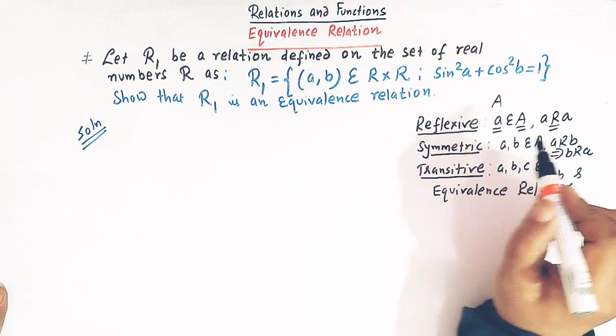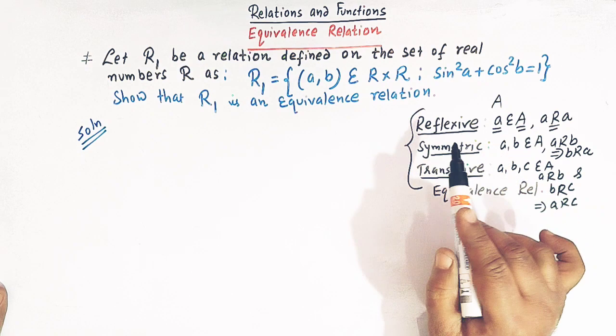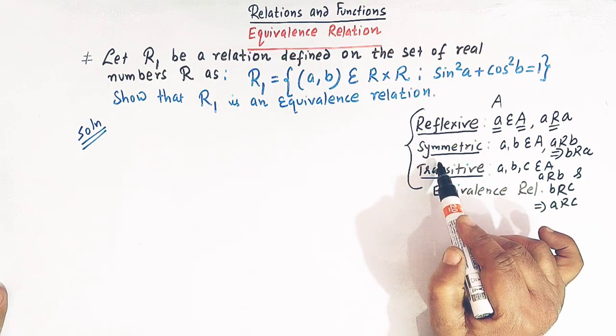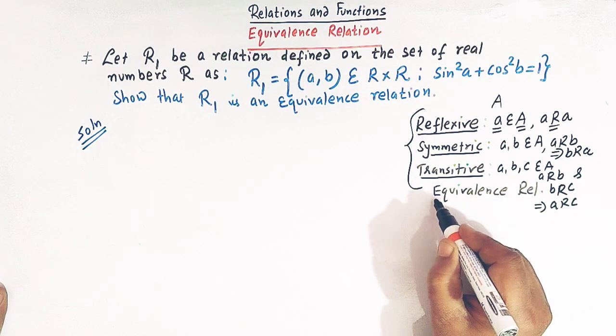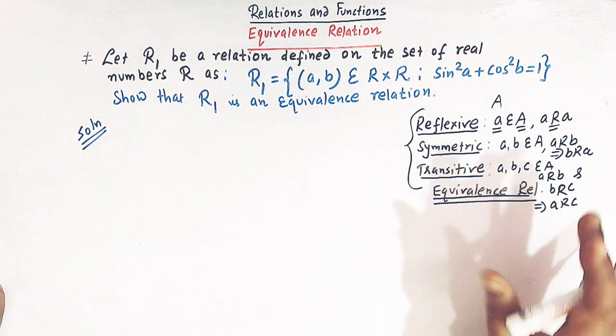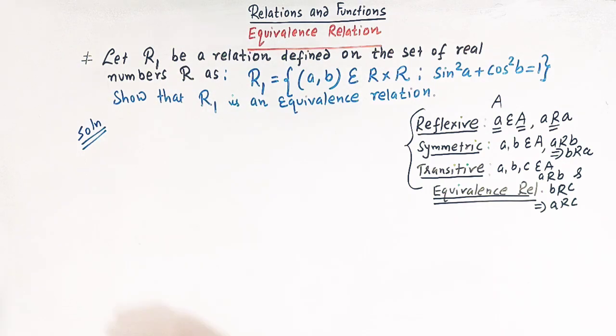And if any relation R satisfies these three properties, that is reflexive, symmetric and transitive, then the relation R is said to be an equivalence relation, right? So let us apply these definitions to this relation R1.